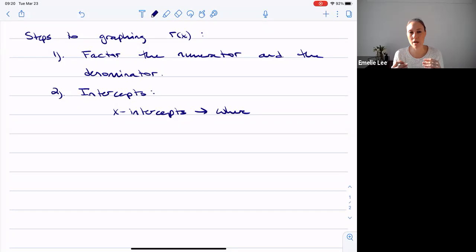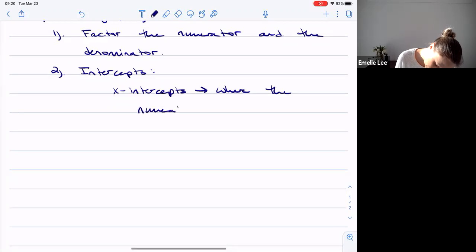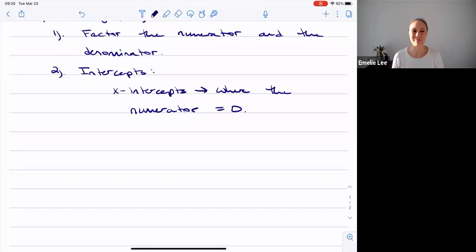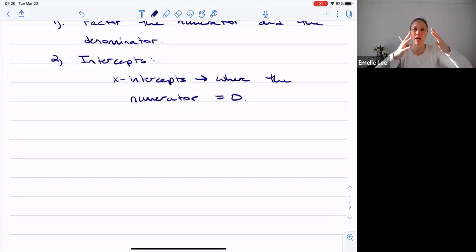The x-intercepts are where the numerator equals 0. And that's why it's so nice to have factored the numerator already, because then you can easily pull out those x-intercepts. That's where it crosses the x-axis.